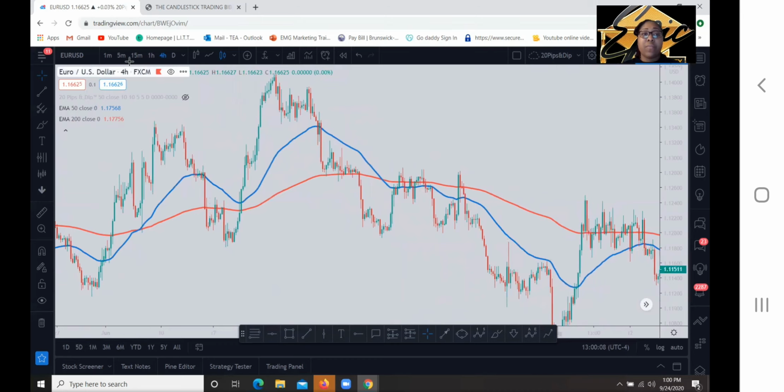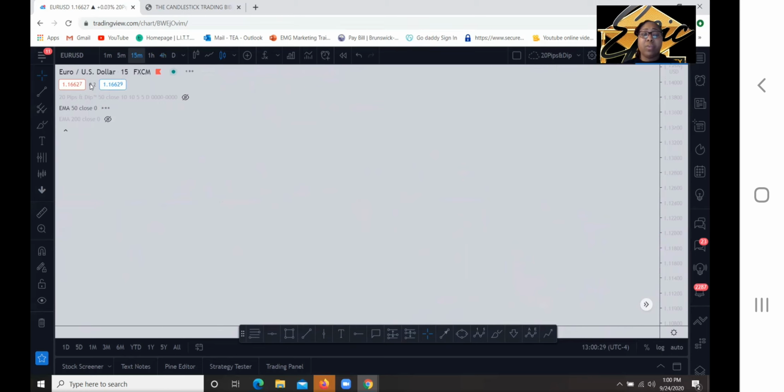It's just another confirmation. You can use different numbers for your moving averages, but when you're on different time frames, 200 is a big number, so that will be used for a higher time frame. 50 is typically used for intraday and scalping, and you can use smaller numbers on the lower time frames.